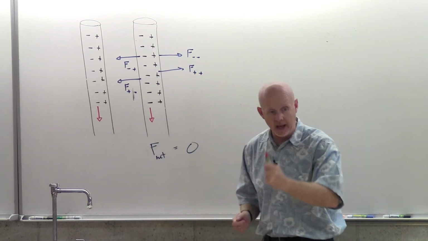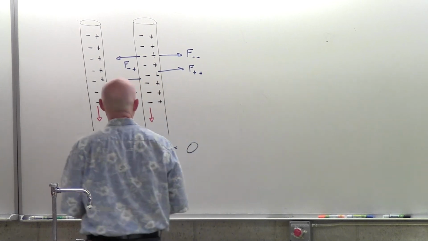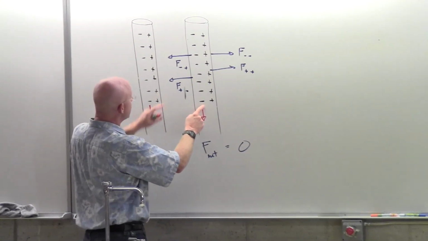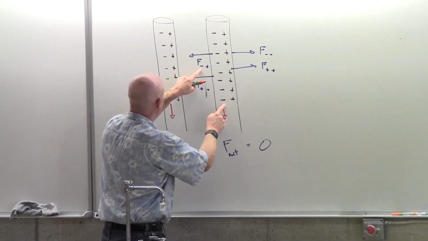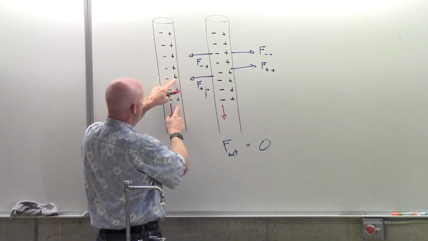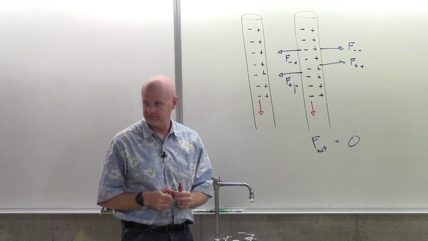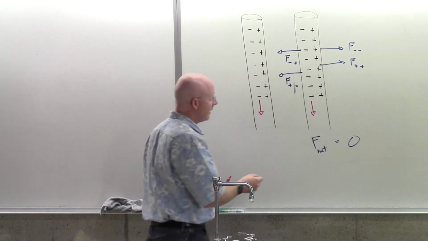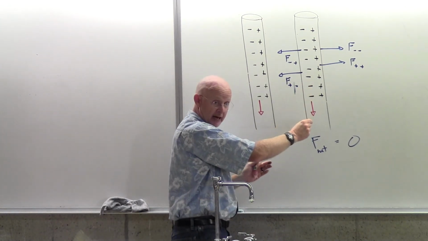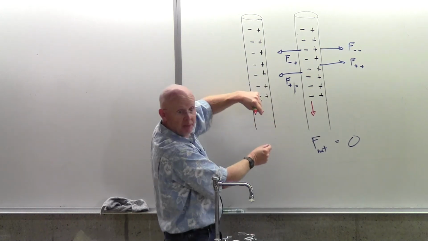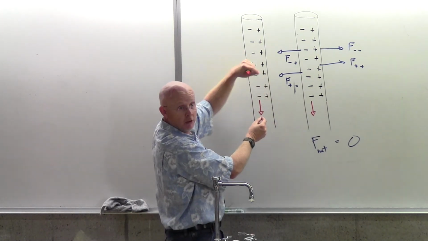Let me stay in my red pen for a moment. As these electrons look at these positives, what are they going to see? Well, I guess these electrons are actually moving down, which from their perspective would mean the positives are moving up.